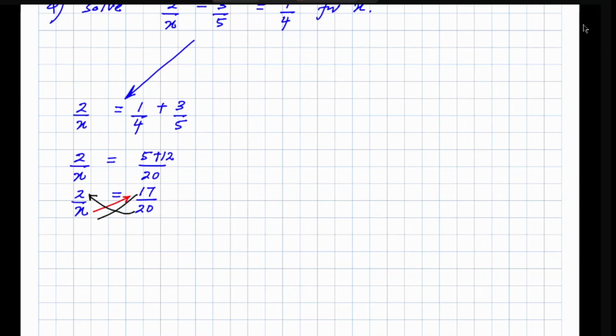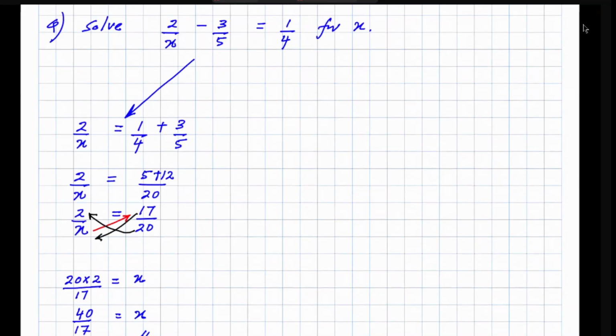Can I do that? Yes. The cross multiplication you can arrange the way you want, right, according to your necessity. So if I do that, x is going to be here, then here you are going to have 20 times 2, bottom you have 17. So now x is equal to 40 divided by 17. Okay, that is one method.